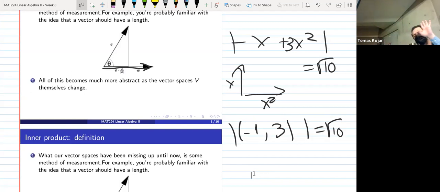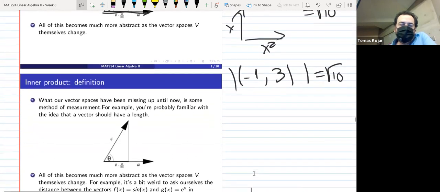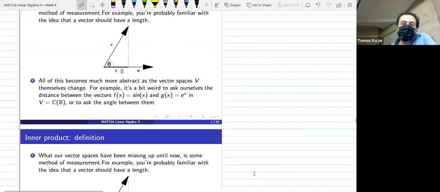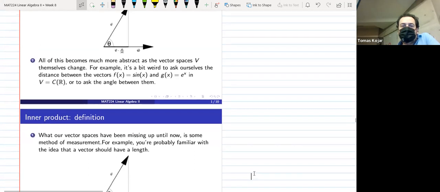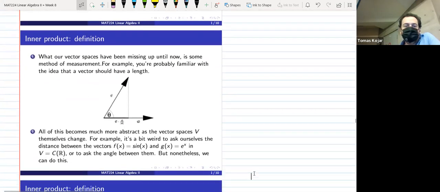That's another point: this distance we're going to build is invariant. So perfect, that's a great question. So sin x, e to the x. What's the length? What's the distance? It makes no sense. How do you compute it?